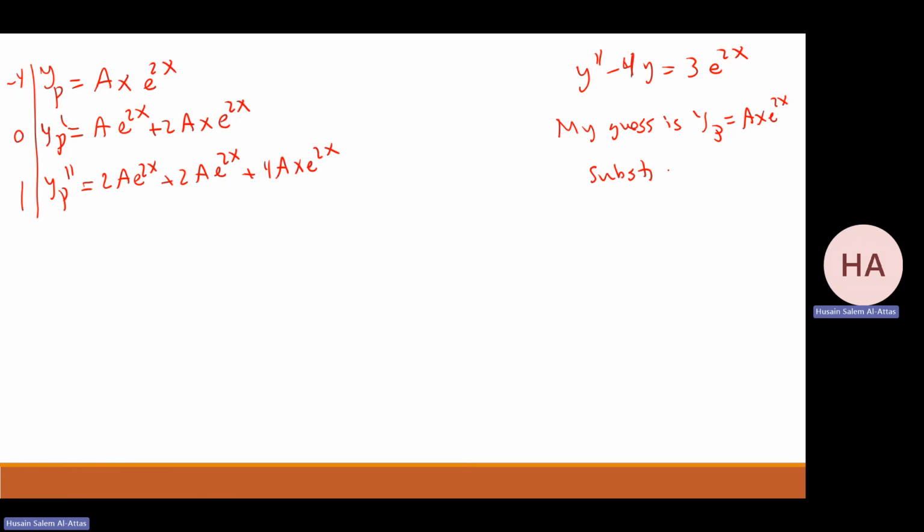Substituting, I have 4a e to x plus 4a x e to x minus 4a x e to x. That should equal 3 e to x.